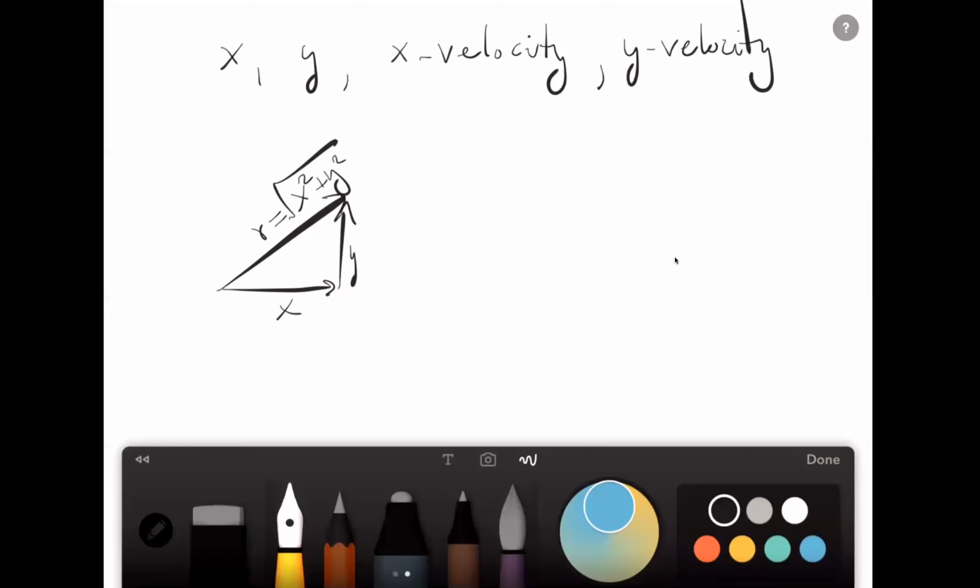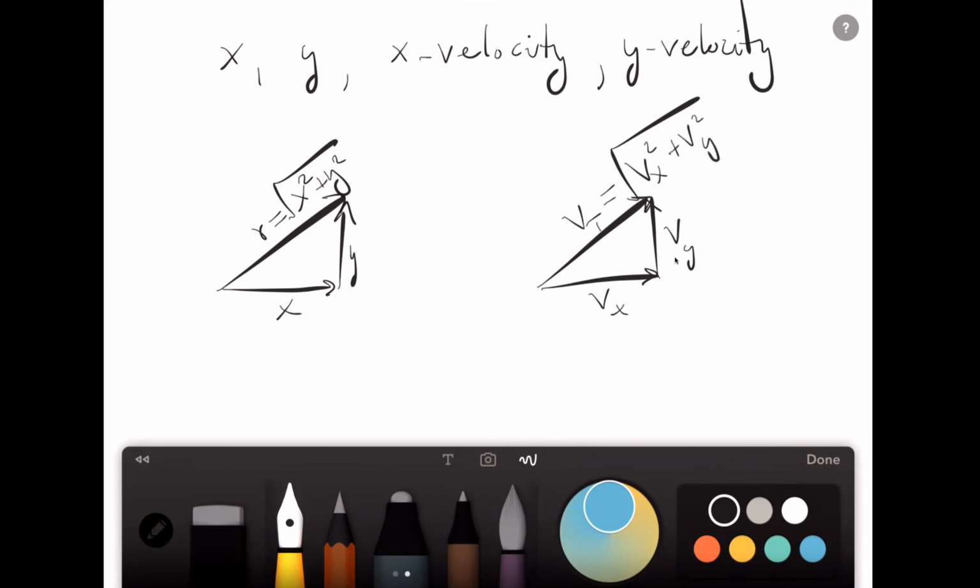But we also have, if I can draw this, we have ourselves a tangential velocity, and it's just going to be made up of Vx and Vy. And we're going to again use Vx squared plus Vy squared.